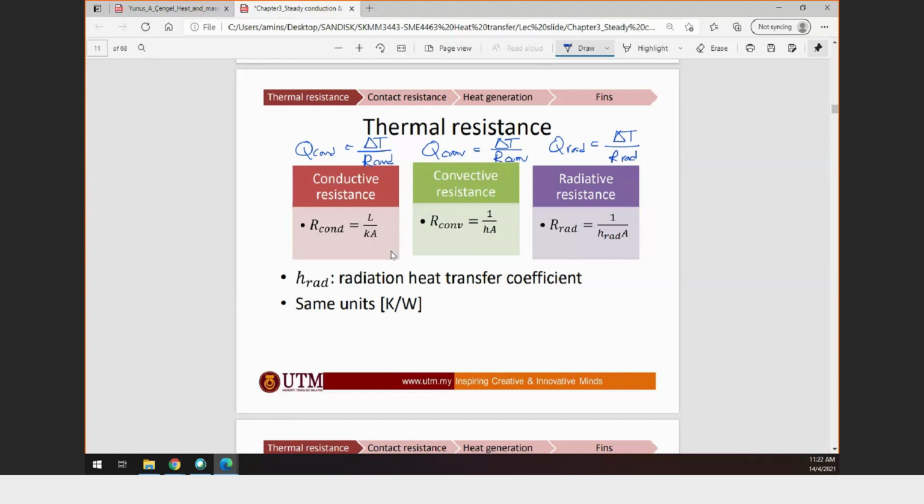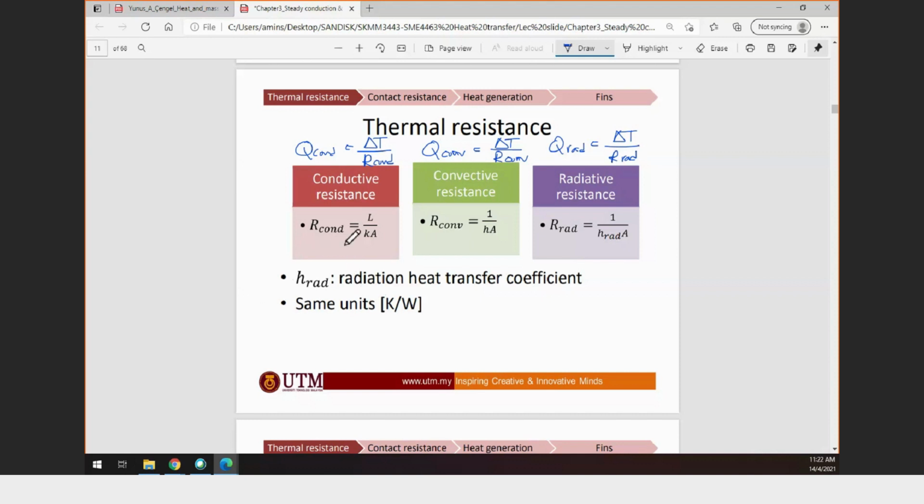So other than using the basic equations of conduction, convection or radiation, you can also calculate them if you know the thermal resistance due to the conduction, convection or radiation.